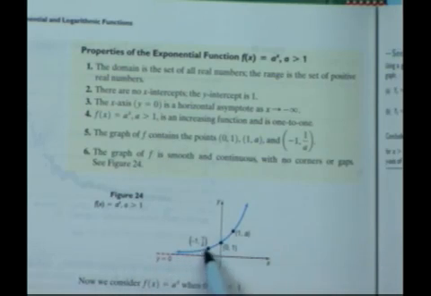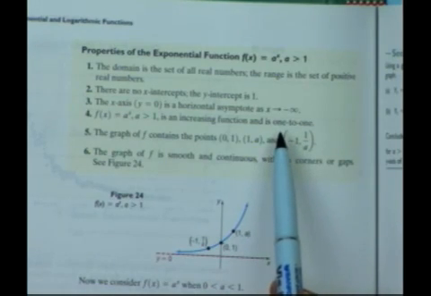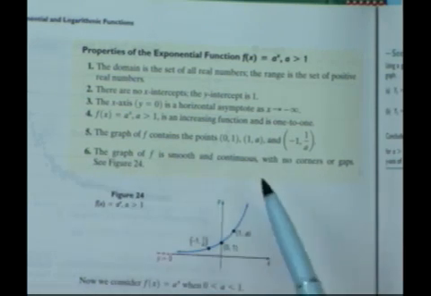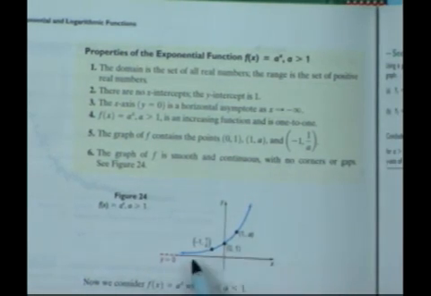This function is increasing. They also mentioned it's 1-to-1, and since it's 1-to-1, it must have an inverse function. It contains the point (0, 1), (1, a), and (-1, 1/a). All right, that was our growth curve.